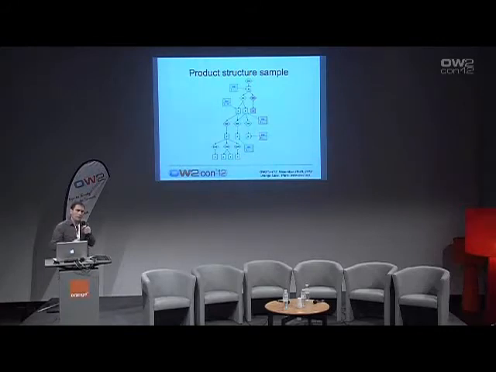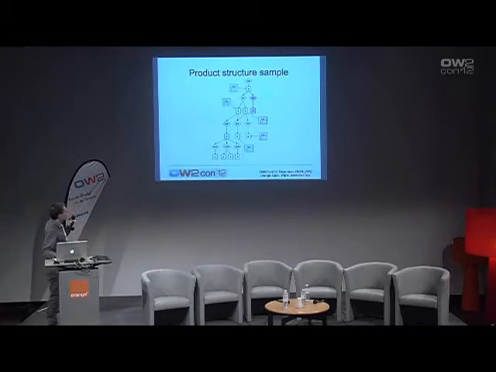Minor changes are not represented here. A minor change is what we call an iteration. So this is revision A of product 100. This product is made of two assemblies, assembly 200 and assembly 300.